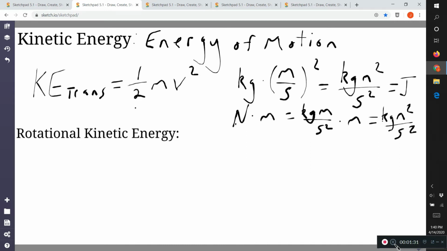Now, rotational kinetic energy is the energy of motion of rotation. I'll call that energy of rotational motion.